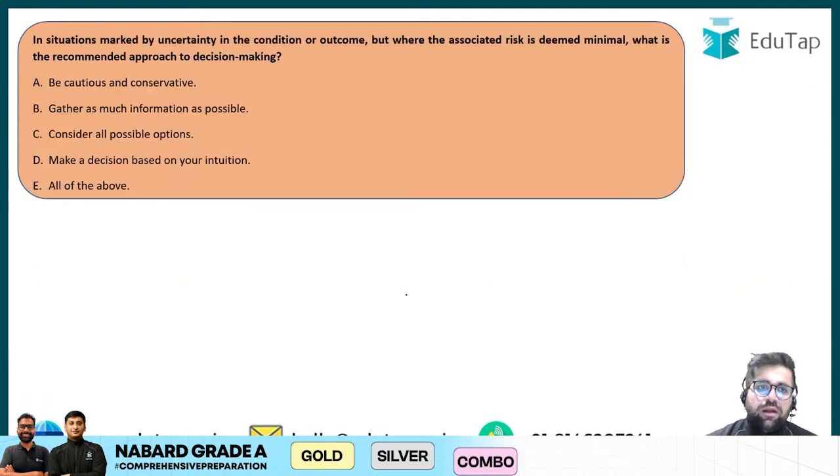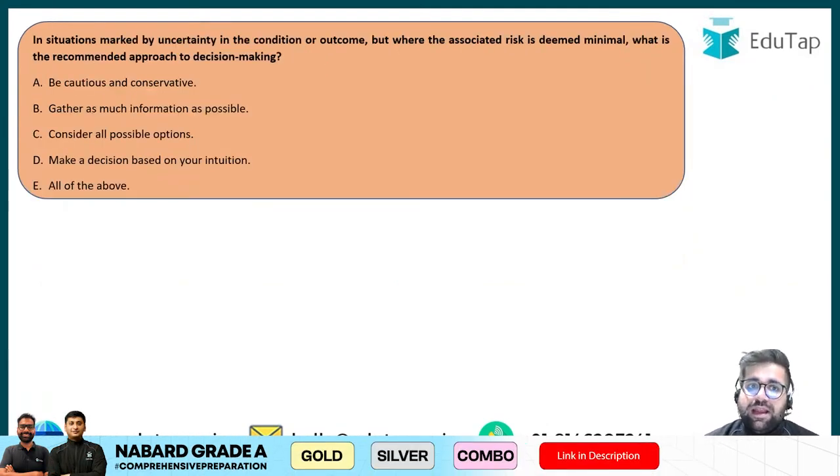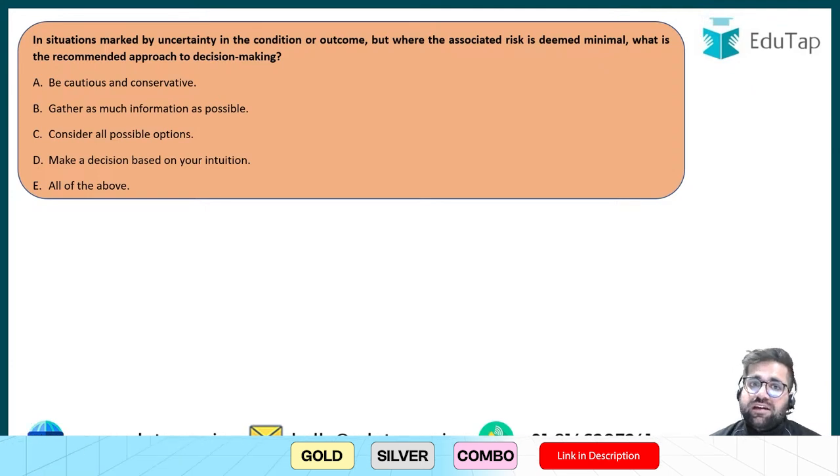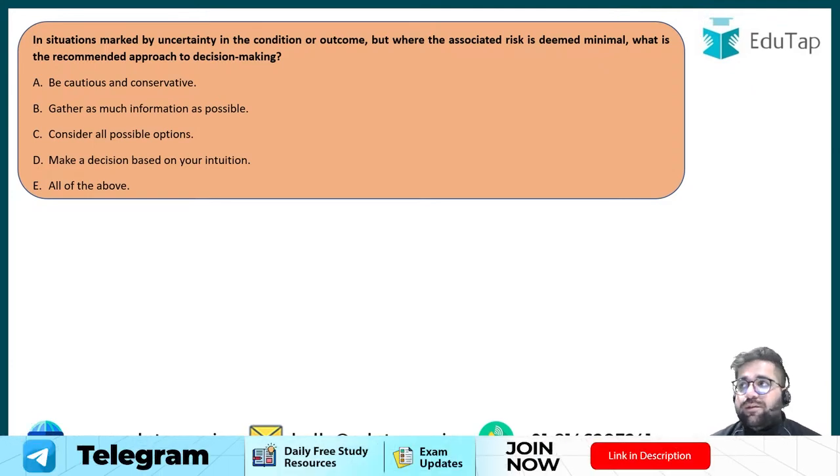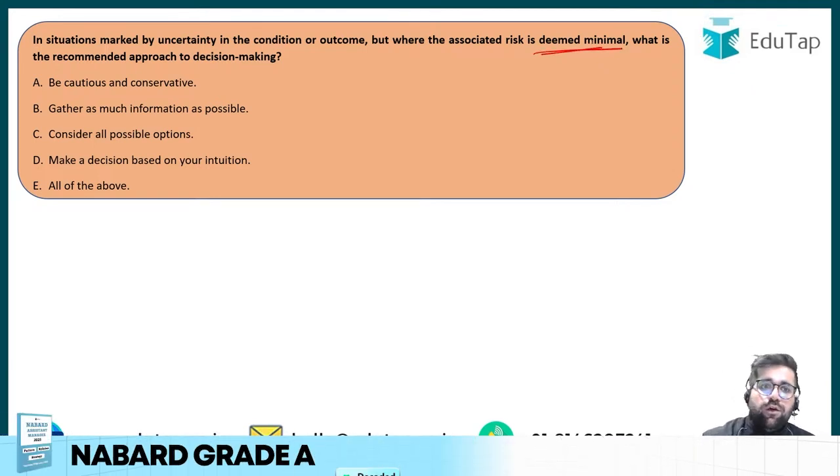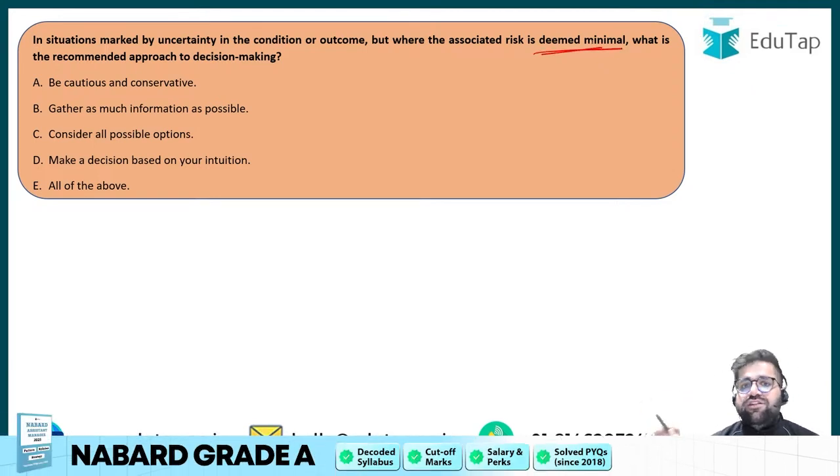Cool. Next question. In situations marked by uncertainty. Uncertainty means what? That's something which is not fixed. You don't know what will happen in the future. Next question. In a situation marked by uncertainty in conditions or outcome, but where the risk associated is deemed minimal, what is the recommended approach for decision making?